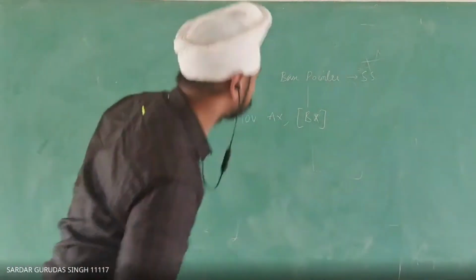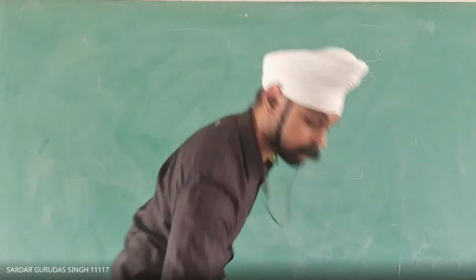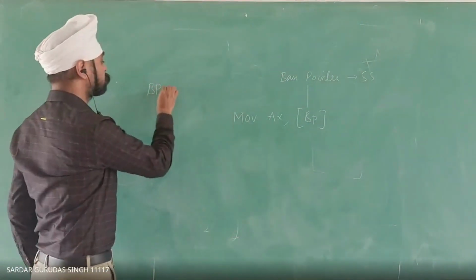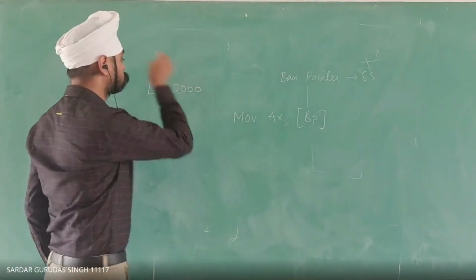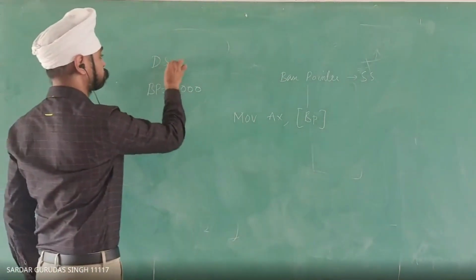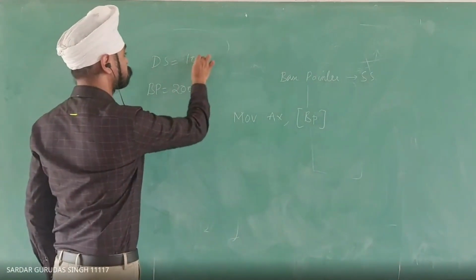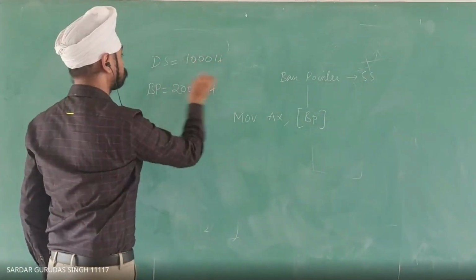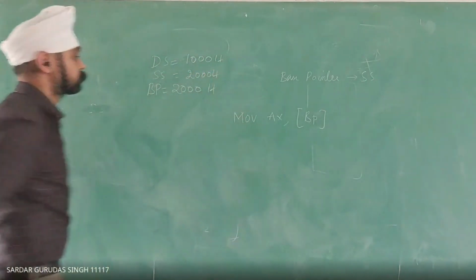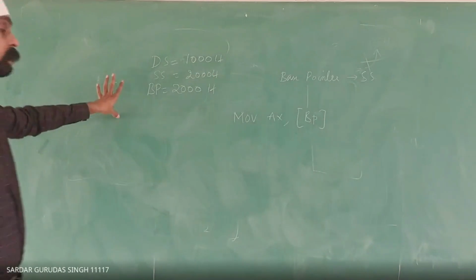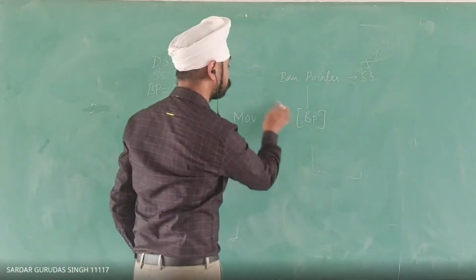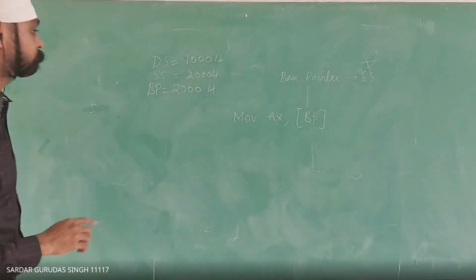If I am writing BP here, and if the content of BP is 2000, the content of DS is 1000, and the content of SS is also 2000, and a question is asked, what will be the content of AX, how will you reply?